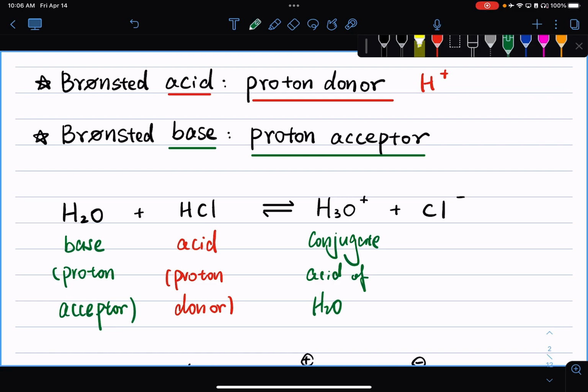And chlorine minus, on the other hand, is a conjugate base of HCl. So on the reactant side, we have acid and base. On the product side, we have the conjugate acid and conjugate base pair.